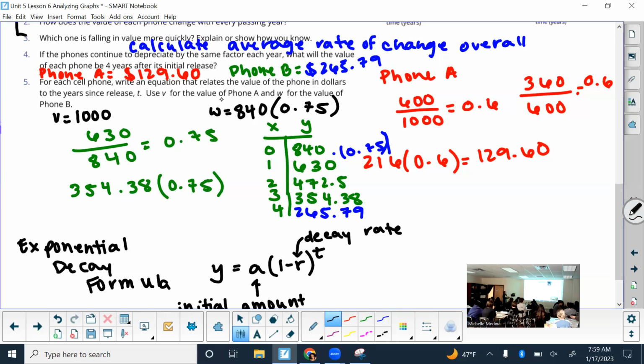So what you're timesing by each time, in other words your common ratio, goes here to the t power, or to the x power, because that can change from year to year. Make sense? And it wants us to use t, so I'll put it there. So then for phone A, what were we multiplying by each time? That is what will go in the parentheses.